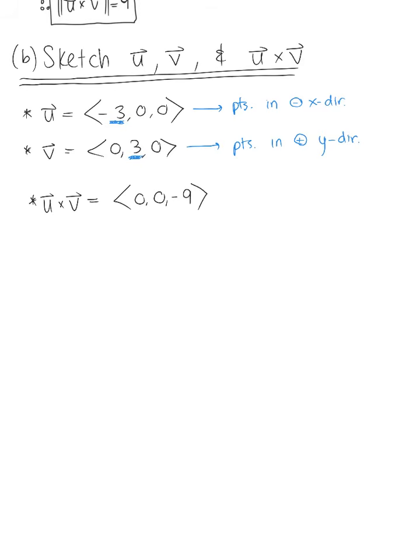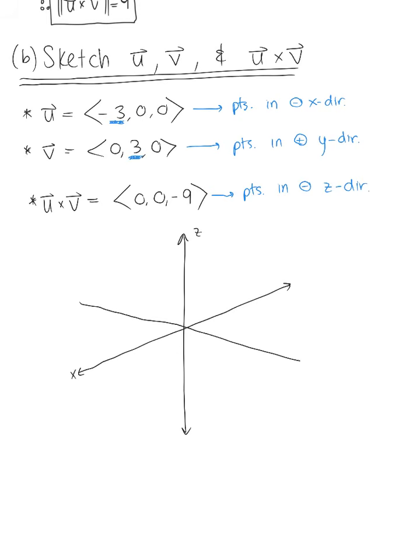And this vector points in the negative z direction. So we have space, we have our z-axis, our x-axis, and then the y-axis.